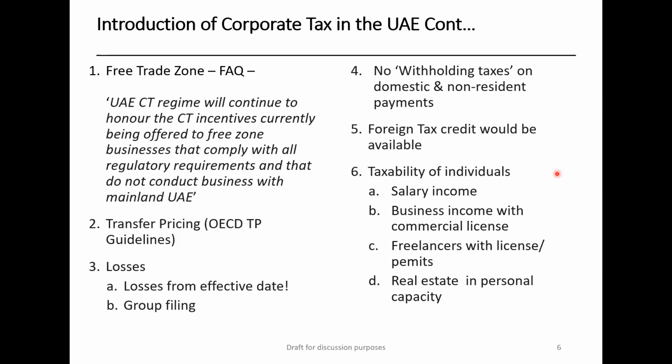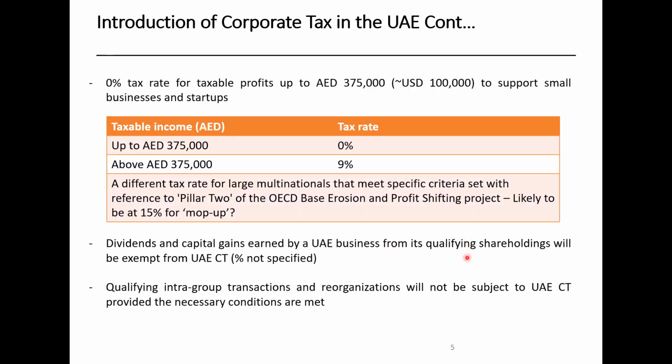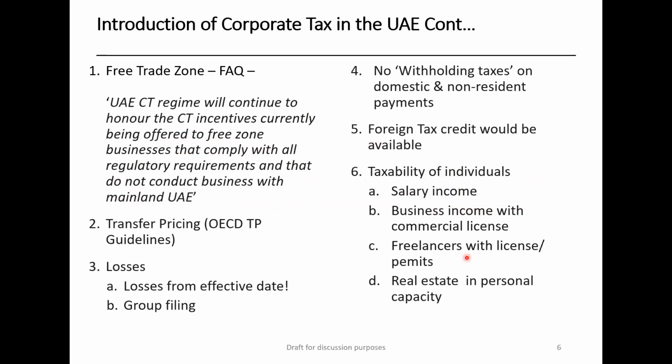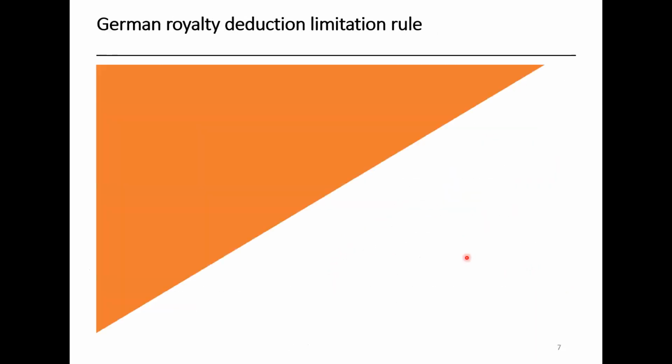However, any business income where a person has a commercial license or a license to undertake freelancing activity or any permit which permits freelancing, all these incomes would be subject to corporate income tax. Real estate in personal capacity would also not be covered. Similar to the position for corporates, any income from dividend and capital gains would not be taxable in the hands of individuals.